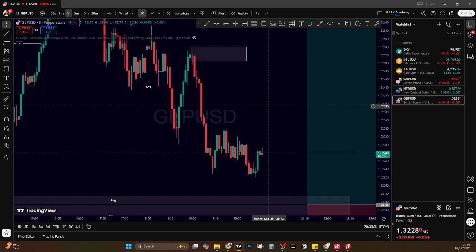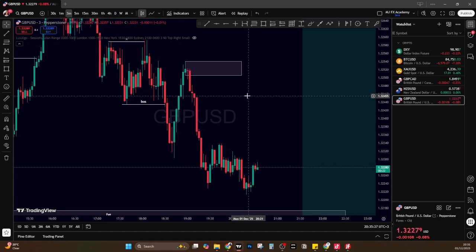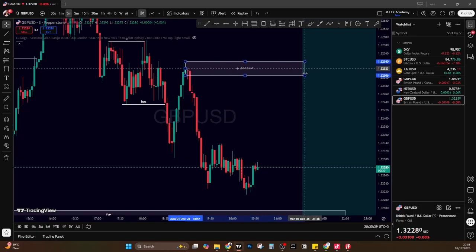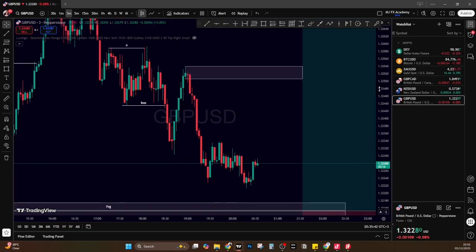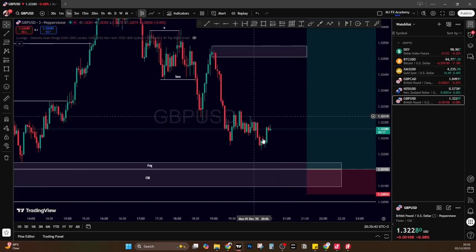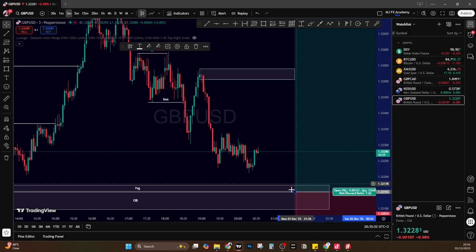Inducement are what we call the early buyers or the early sellers. Once you understand that this market must come here, you can now confidently wait for it.